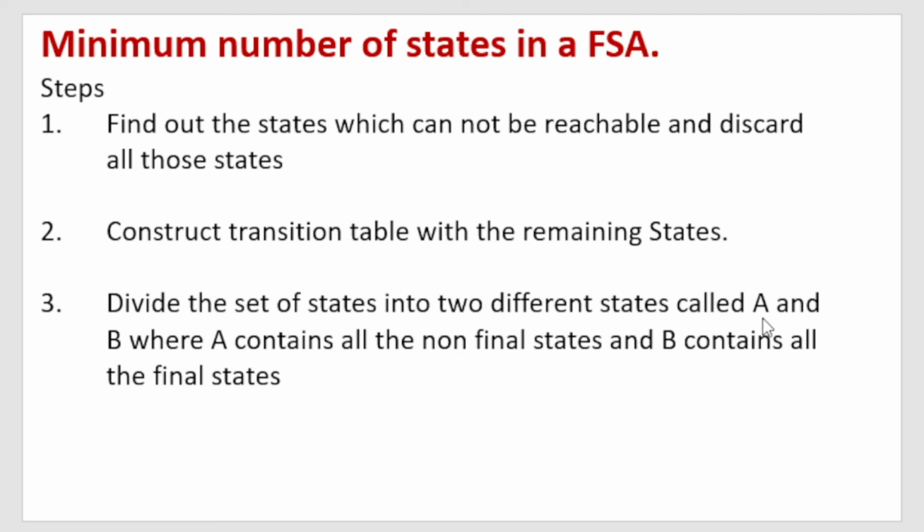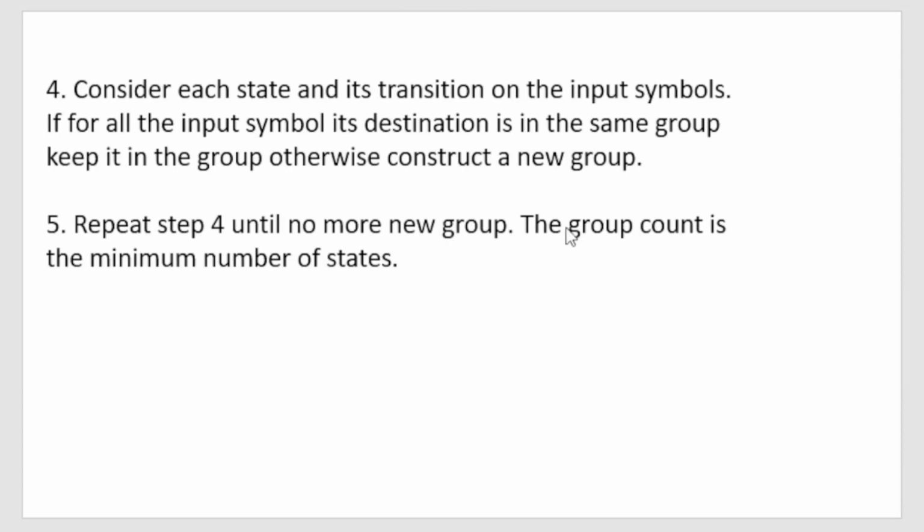It's not necessary that you always denote the groups with A and B. You can have any name. For example, you can have B or C, or you can have P, Q, any name you can give. And then the fourth step is to consider each state and its transition on input symbols.